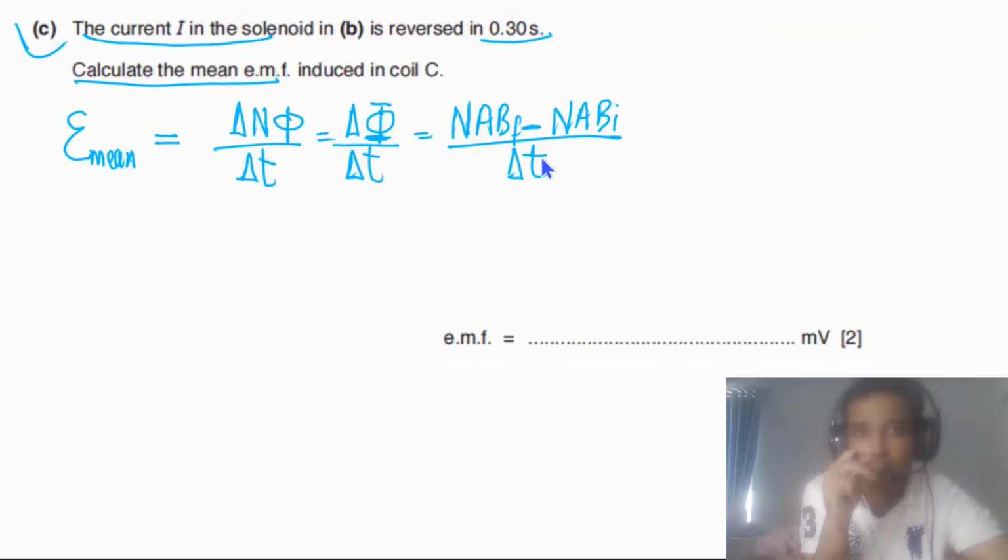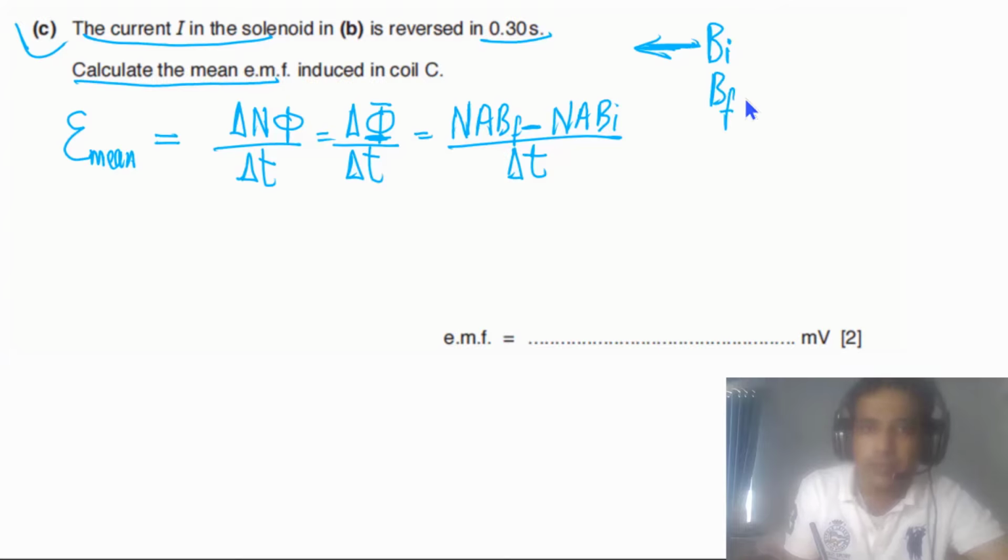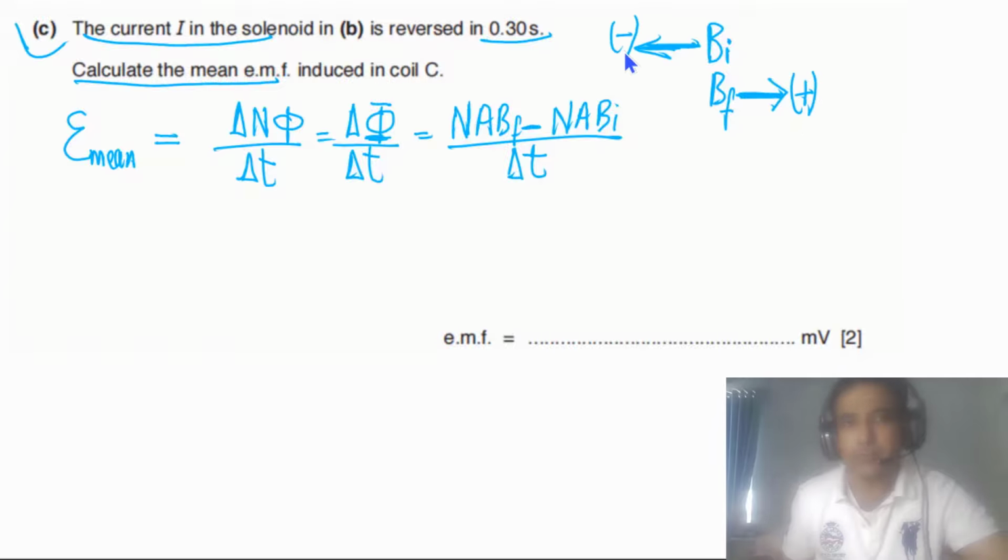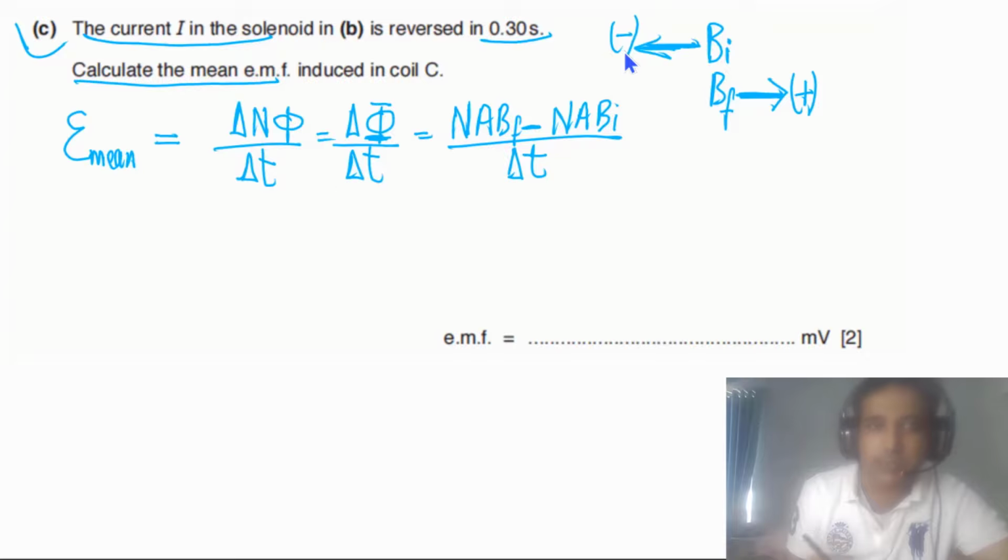If direction of current is reversed, it means direction of magnetic field is also reversed. So let's say initial magnetic field is to the left, just for simplicity. So the final magnetic field has to be to the right. Now one we have to take positive, so in this case we will take this one as positive, so this one has to be negative. Just to make things simpler, I'm using this kind of convention.